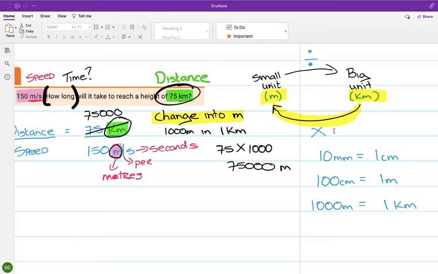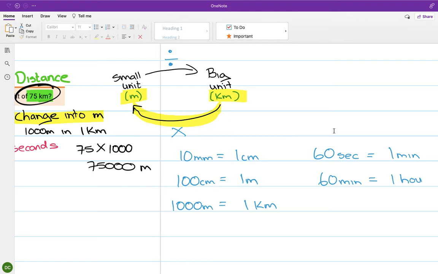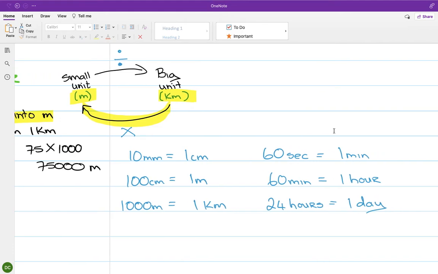And then you also need the time ones, not for this question, but which people tend to be more familiar with. So 60 seconds is 1 minute. 60 minutes is 1 hour. And 24 hours is 1 day. So they're kind of your conversions.